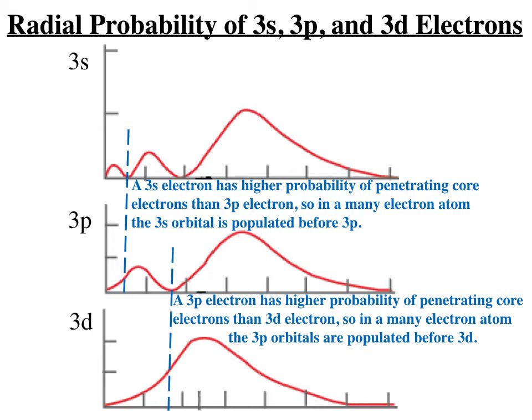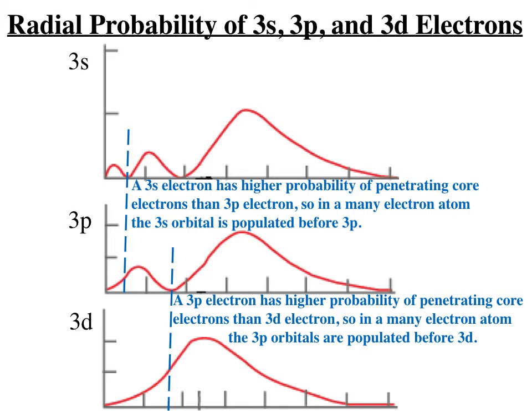What we're showing again is that the maximum humps of the 3s, 3p, and 3d orbitals are all essentially the same distance from the nucleus. So all energy level 3 electrons spend the vast majority of their time at the same distance out from the nucleus, whether in a 3s, a 3p, or a 3d.